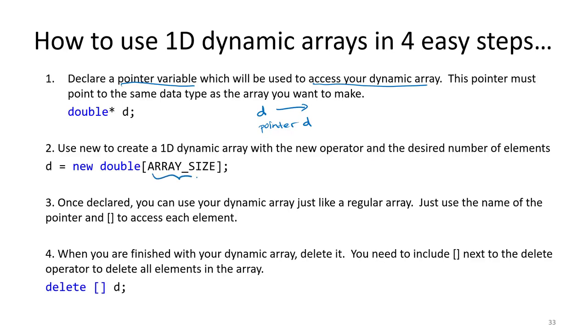So here, this array size, this can also be a variable. We do not have to pre-specify array size ahead of time. And in this case, notice what's happening is we're taking our pointer D and we're making it point to a whole set of doubles.